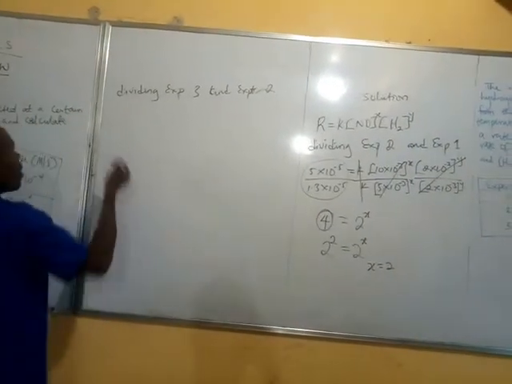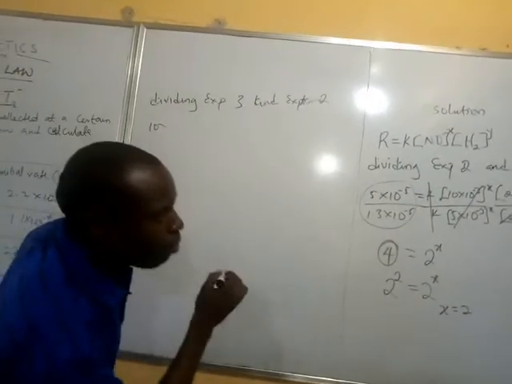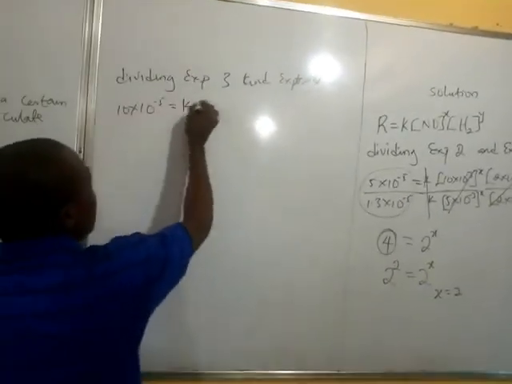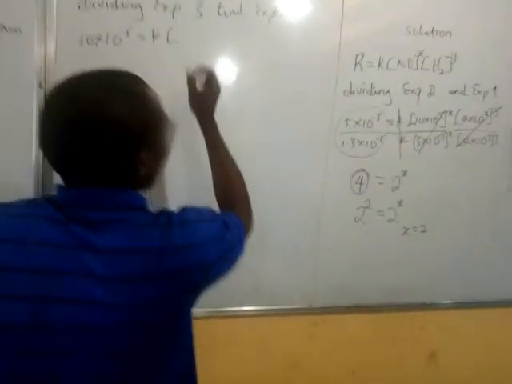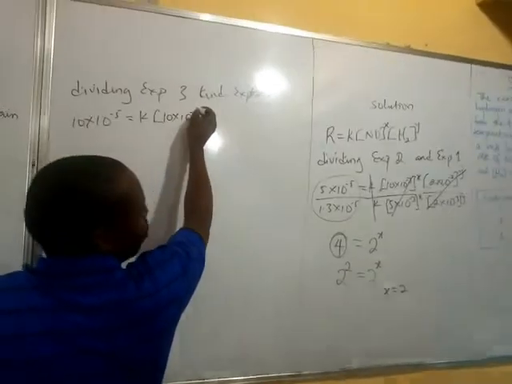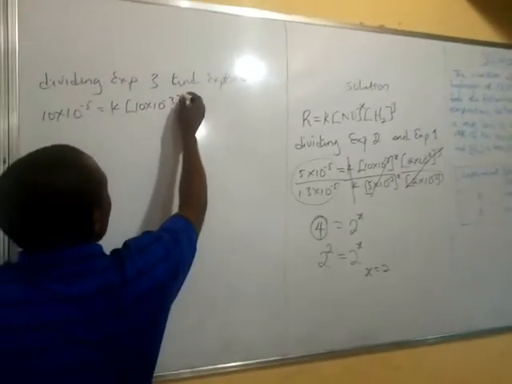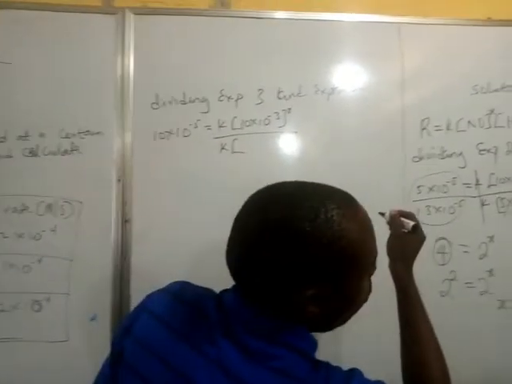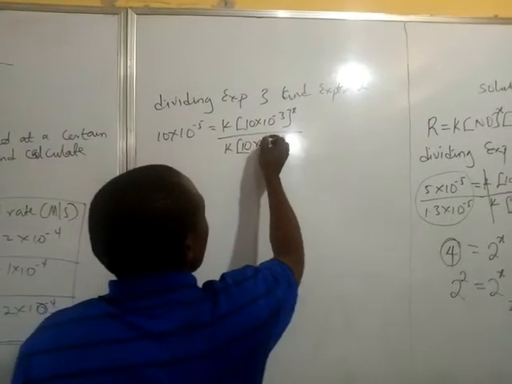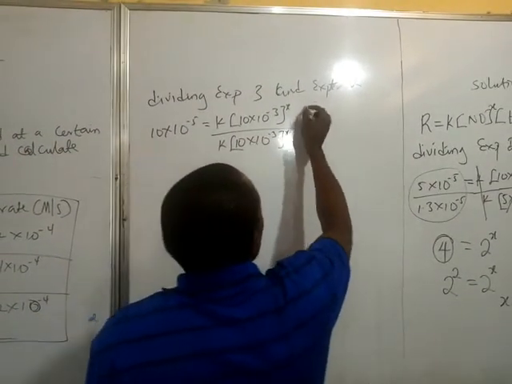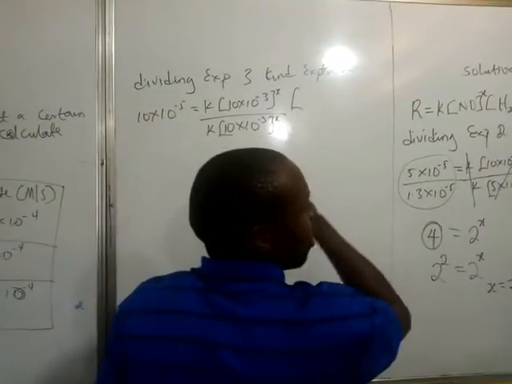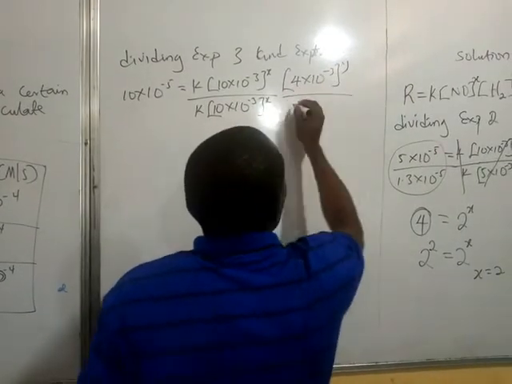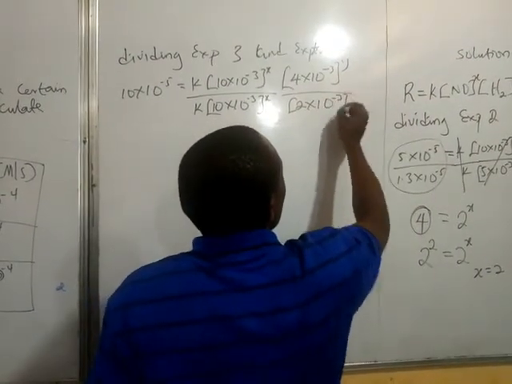So we'll pick again 10 times 10 to the minus 5 is equal to K, 10 times 10 to the minus 3 raised to the power x, divided by K, then 10 times 10 to the minus 3 raised to the power x, then that of the NO, which is 4 times 10 raised to the power minus 3 raised to the power y, and 2 times 10 raised to the minus 3 raised to the power y.